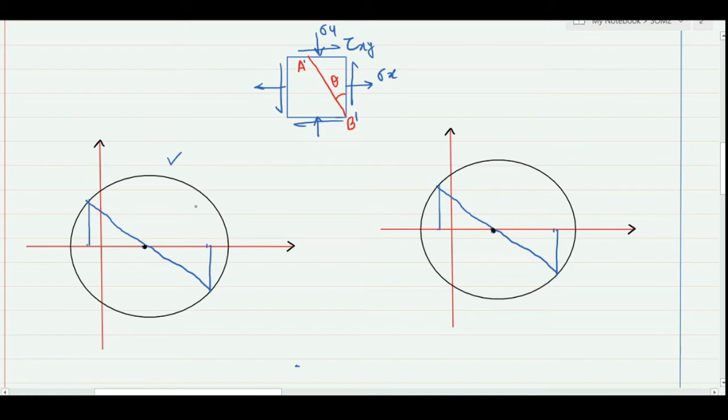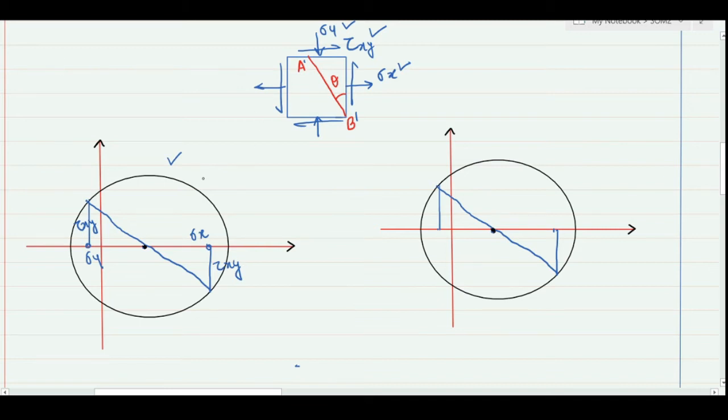So this is my Mohr circle which I have created considering my sigma x, sigma y as well as the shear stress. This point corresponds to sigma y, this point corresponds to sigma x, and this vertical line corresponds to my xy shear stress.